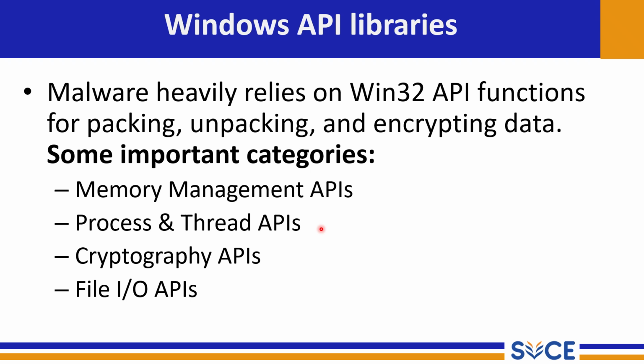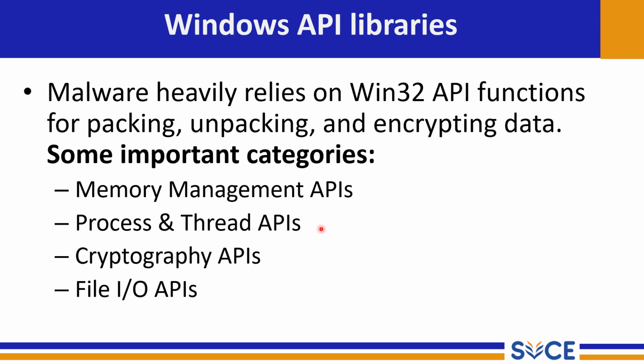Okay, and next, if you take the cryptography API, this cryptography API is from advapi32.dll, that is dynamic link library, the older version, and now bcrypt32.dll. Sometimes custom algorithms also use this cryptography API.